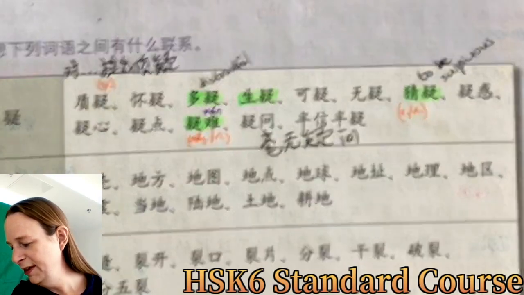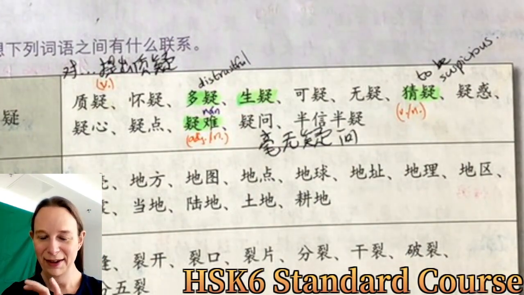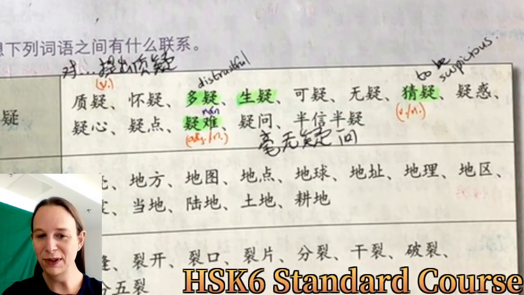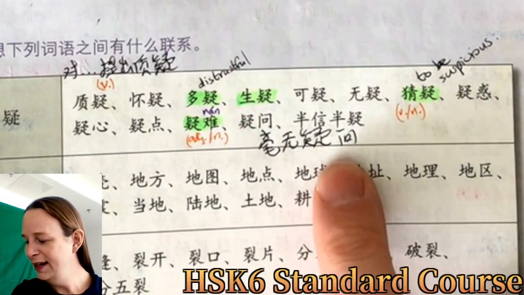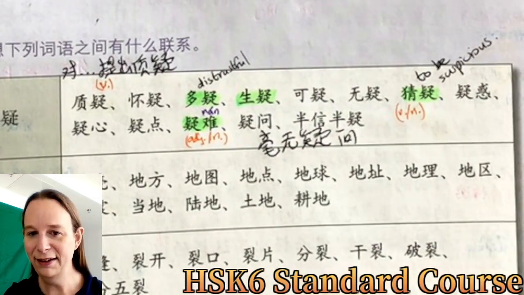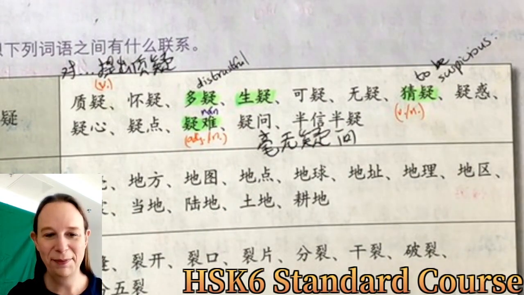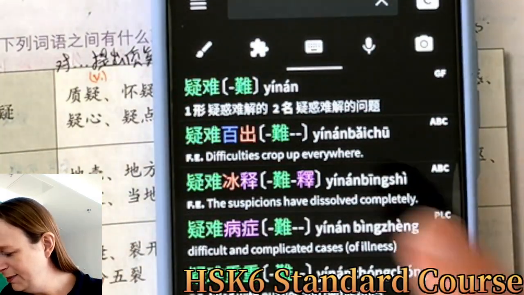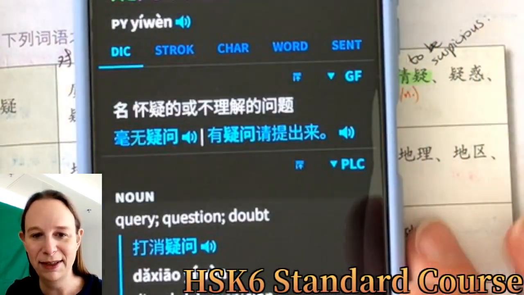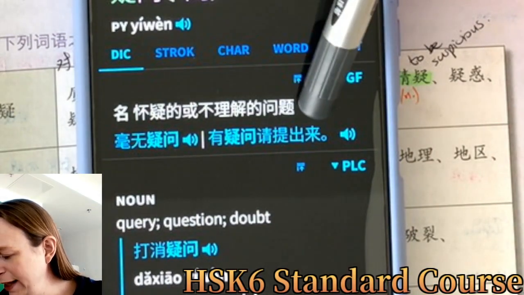All right, fair enough. 疑问. Okay, 疑问 is a verb. 疑问 I think is also a noun like this. 毫无疑问. Yeah, in 毫无疑问 it's a noun. So it's 疑 suspicions, 问题 problems, right? 疑问, some combination of those concepts. 怀疑的或不理解的问题.